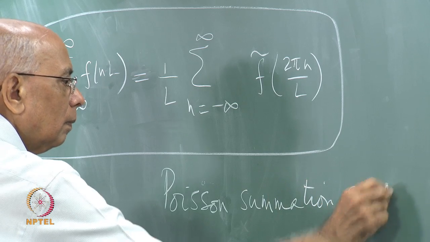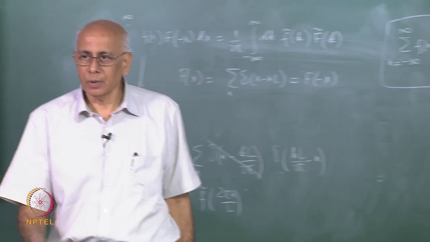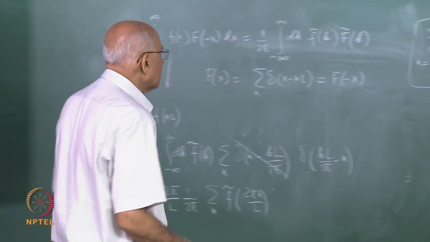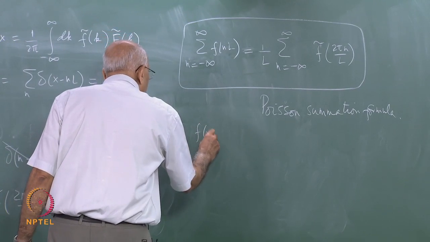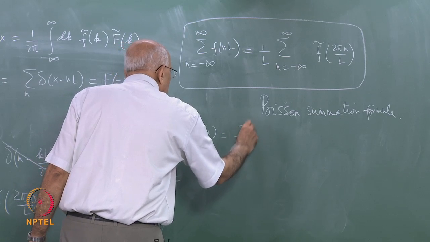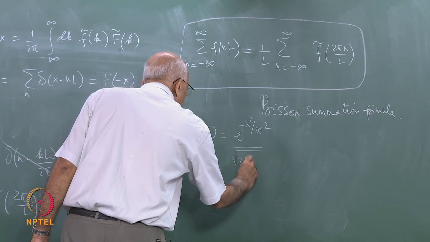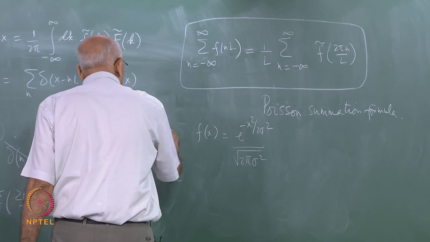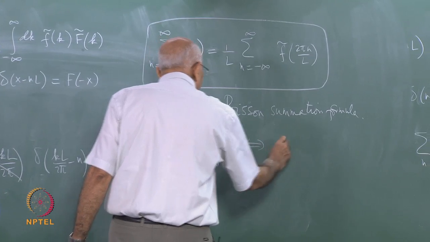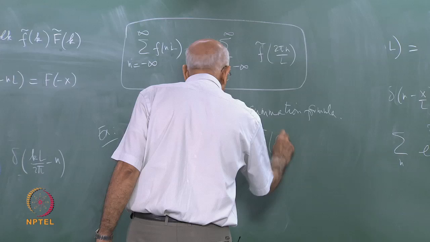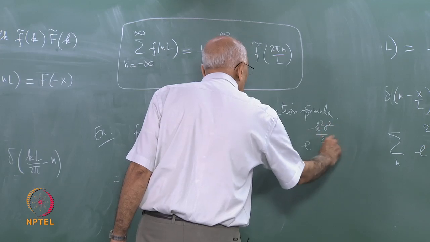Let us apply it now to the case of the Gaussian which is what I said I would do. And in the case of the Gaussian, I know what f tilde is. So I know that f of x equal to e to the minus x squared over 2 sigma squared over square root of 2 pi sigma squared. So that is an example. This implies that f tilde of k is e to the minus k squared sigma squared over 2.